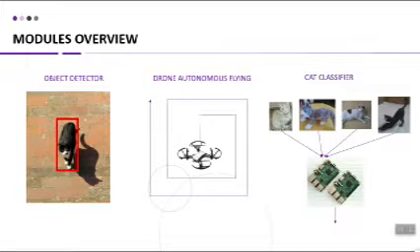Well, this project will have basically 3 modules. One is the object detector. This means that we have to find the coordinates of where a cat, or any cat, can be in an image, regardless of which cat it is. It's just finding the coordinates of the cats in an image.